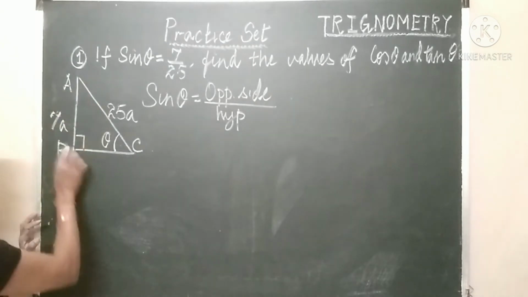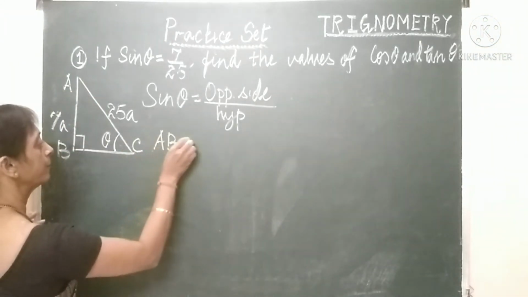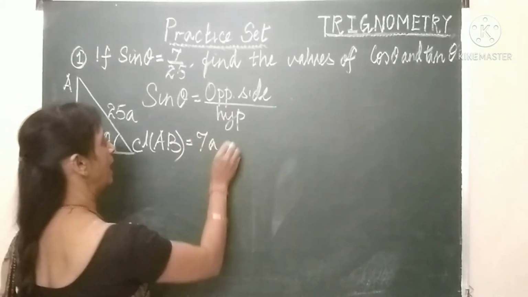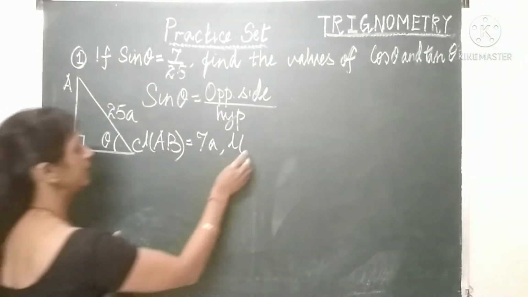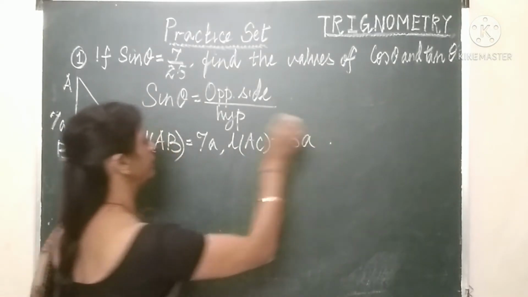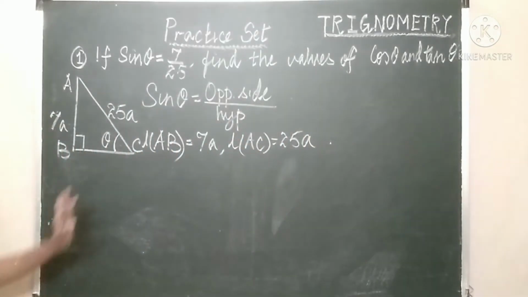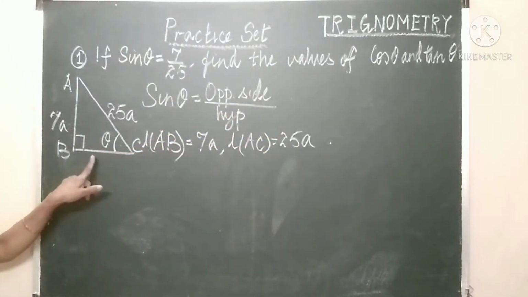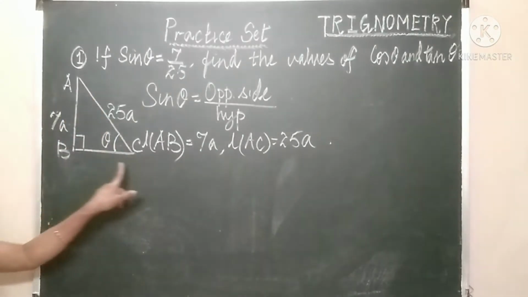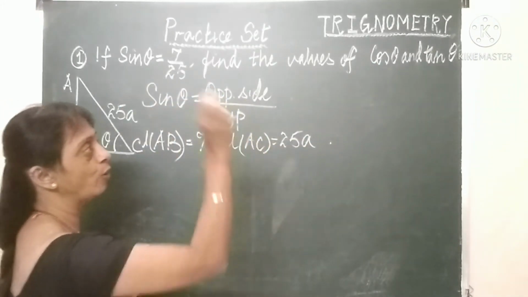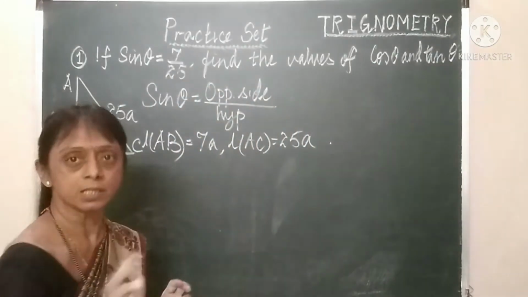So over here, length of AB will be 7a and length of AC is equal to 25a. To find out the value of cos theta and tan theta, we have to find out the value of the third length, that is BC in right angle triangle ABC. Only then we can find out any value of any unknown term.